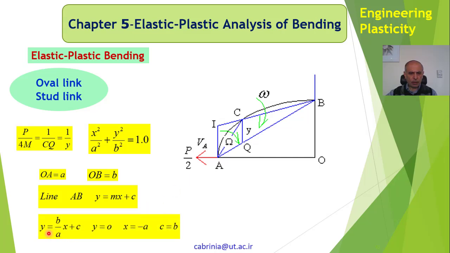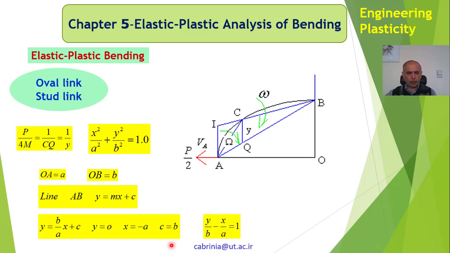And here I can write y equal to b over a times x plus c, because that's where y is 0 and x is equal to this distance OA, which is A, and where x is 0, this line is equal to OB, which is B. So that's why y is equal to b over A times x, because m is the gradient of this line, and that divided by that also we could say.